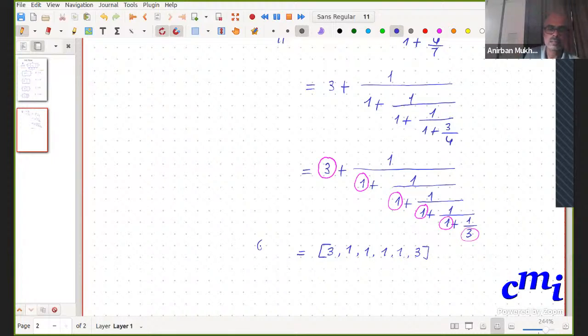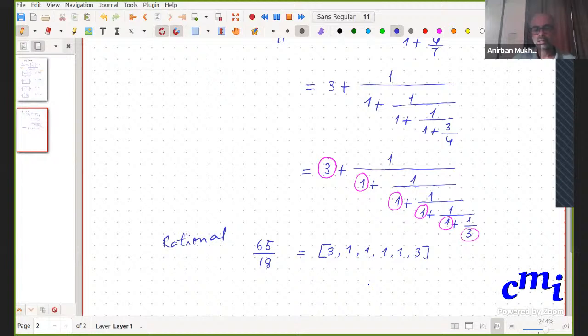So this is the continued fraction expansion of 65 by 18. That's the rational number we started with. So it is a rational number. So we would see that every rational number is going to have a finite expansion in this form. So we need to prove this.